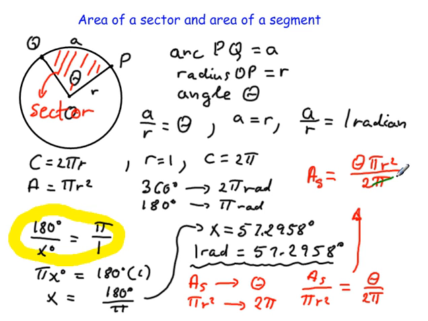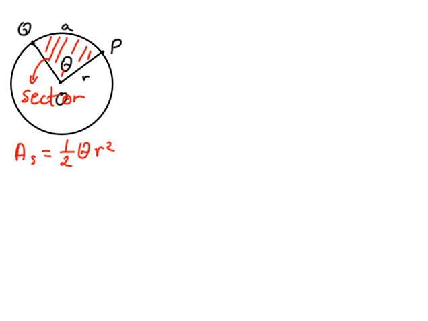So divided by pi, divided by pi. So the area of the sector now is equivalent to the following. 2 from the bottom, so in other words this is 1 over 2 times theta times r squared. So this is the area of the sector for any circle. So the area of the sector is completed.